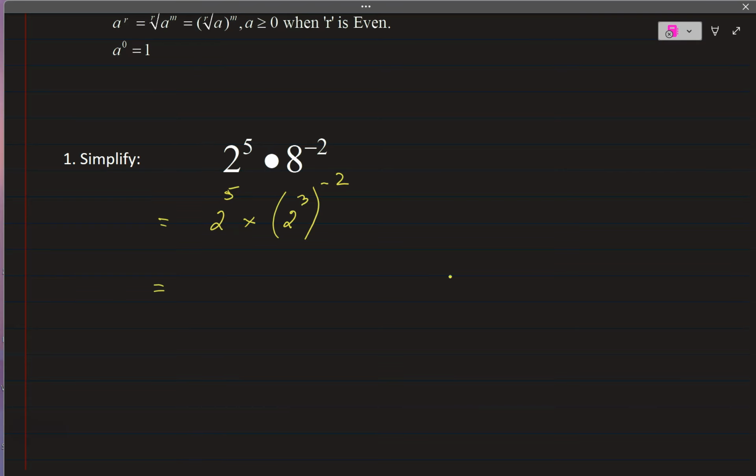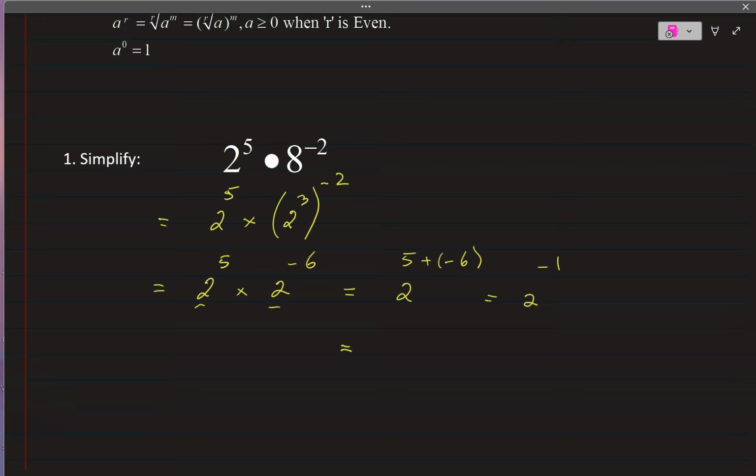Now we use the power of a power law: we multiply 3 and -2, which is -6. Now for multiplication of the two terms with the same base, 2 and 2, we add the exponents: 5 plus -6, giving 2 to the -1.